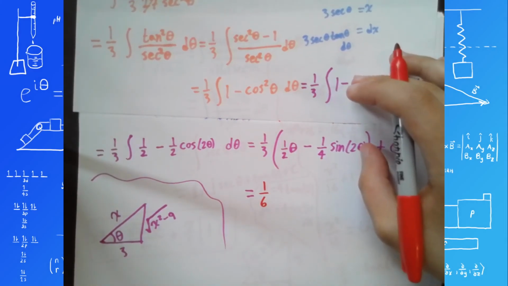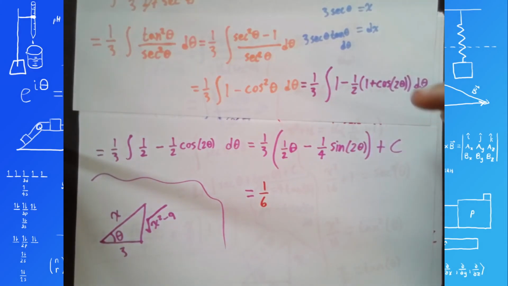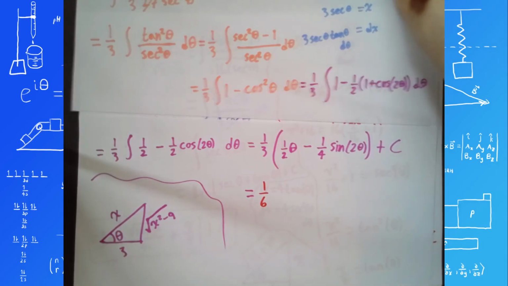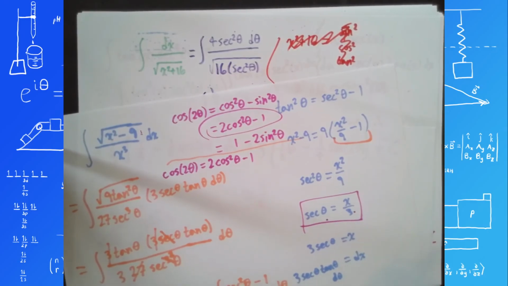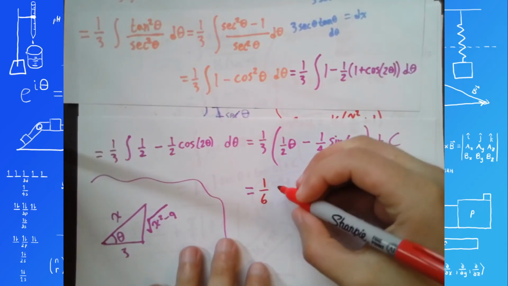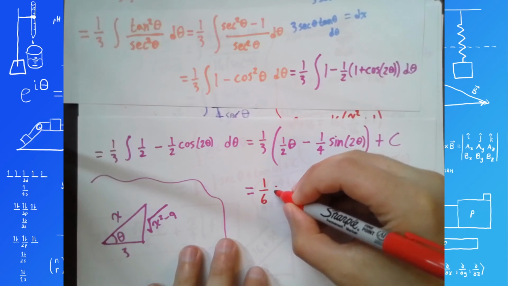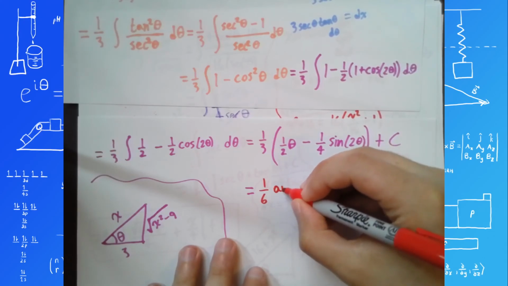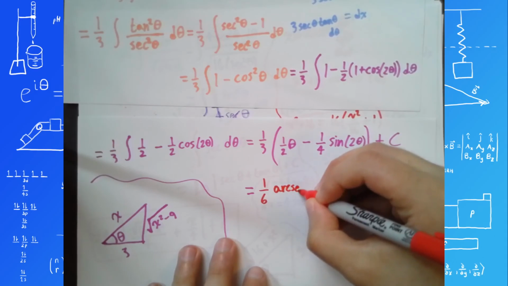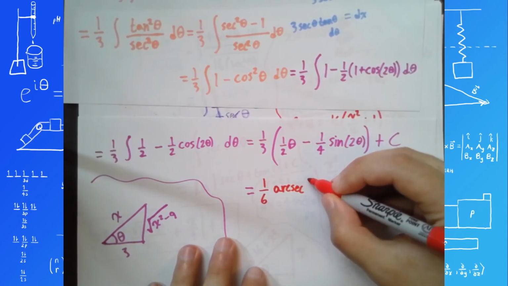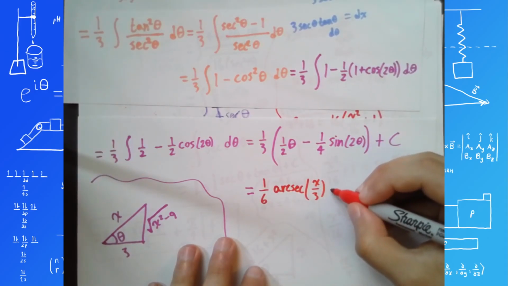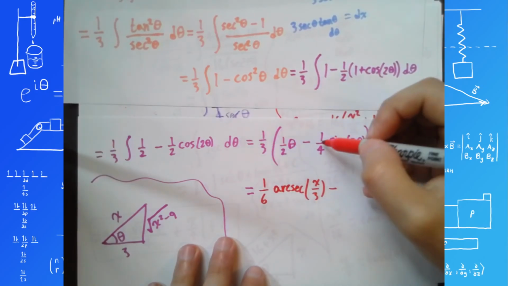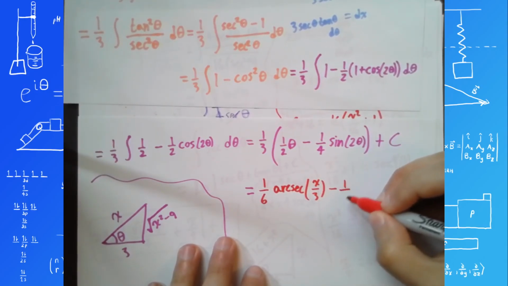I guess you can just define theta as secant inverse of x over 3, based on the substitution we wrote earlier. So that's going to be secant inverse, or arcsecant if that's how you prefer to write it. I'll just write it as arcsecant of x over 3 minus 1/3 times 1/4 is 1/12.